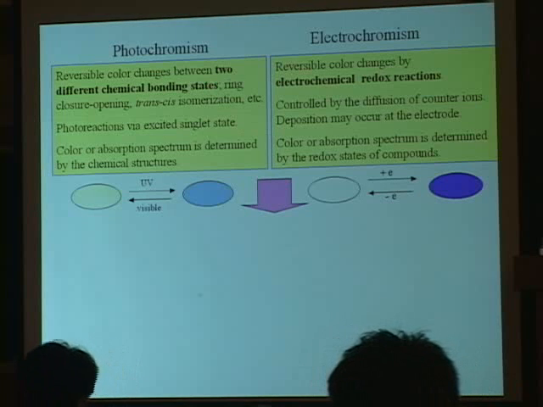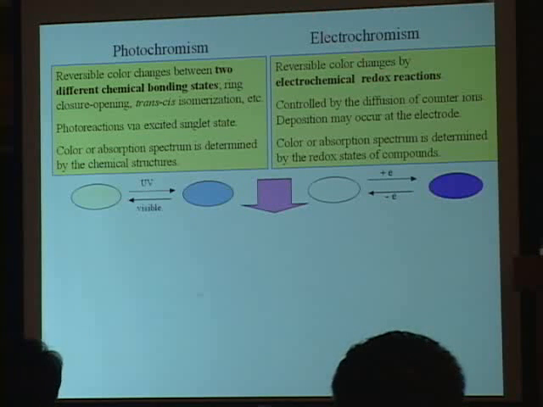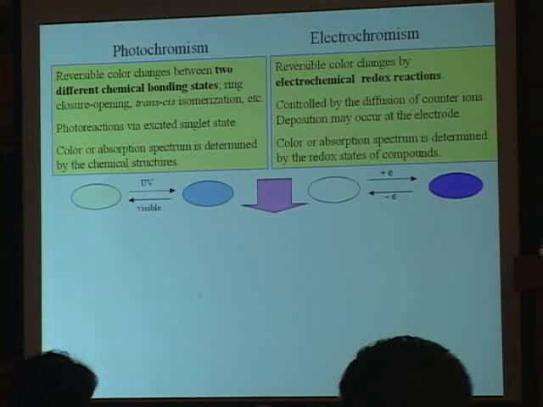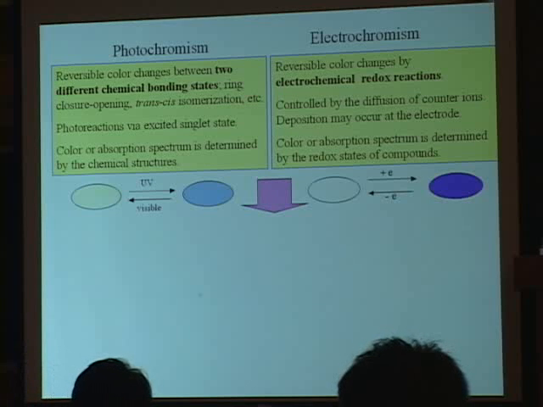And there's another chromic behavior which was used many years ago, about 20 or more years ago, as electrochromic display. And electrochromic display using inorganic materials, I think it's still in the market a little bit.